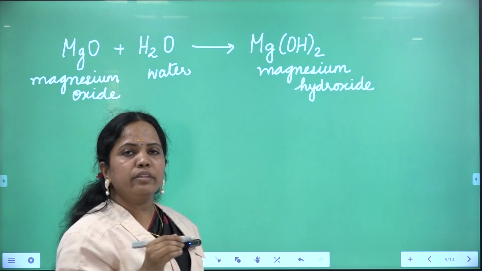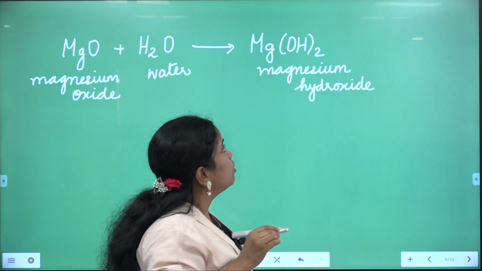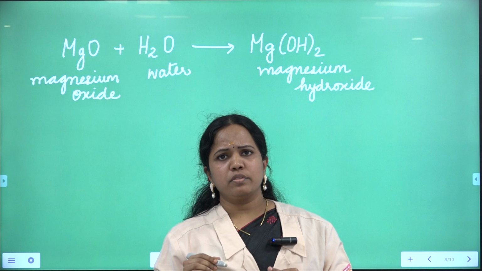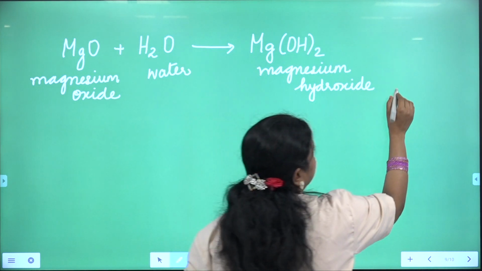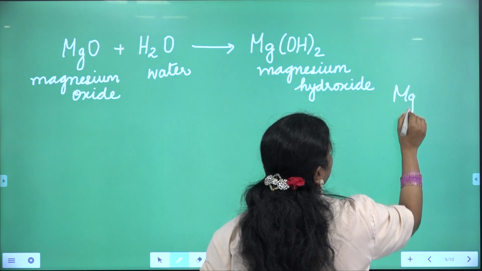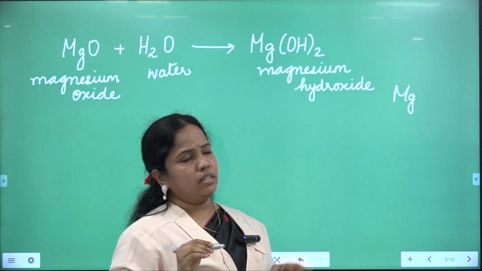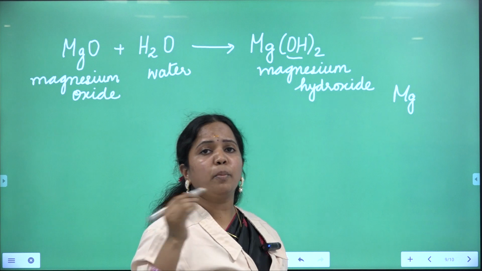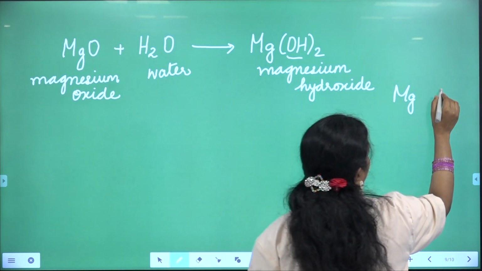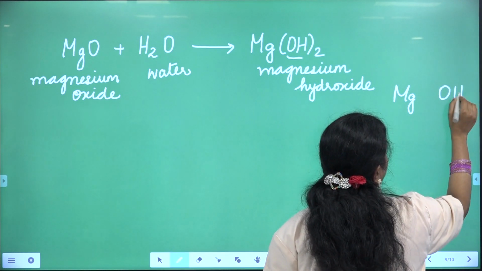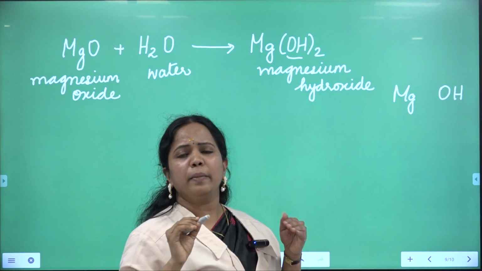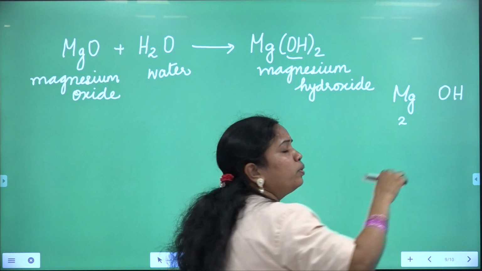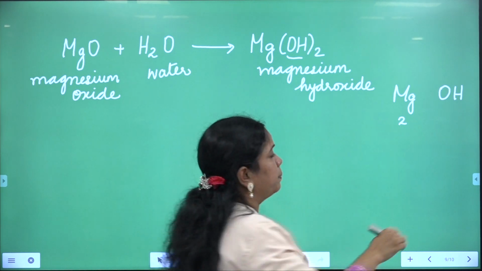Now let us see how it is Mg(OH)2. For writing the chemical formula, you need to remember 3 steps. The first step is to write the elements, that is Mg, and this OH is hydroxide, which is a polyatomic ion. So Mg and OH. Now what is the valency of magnesium, children? It is 2. What about hydroxide? It is 1.